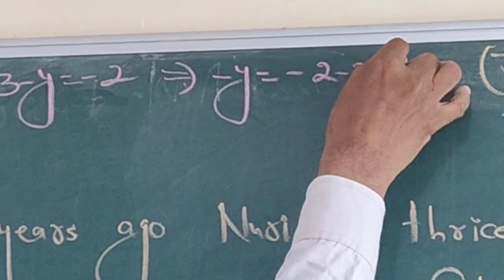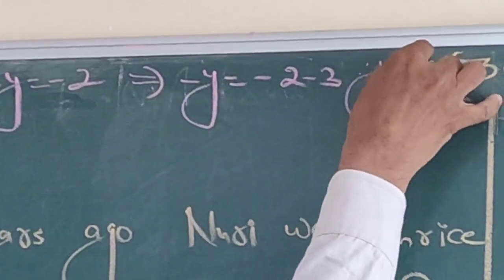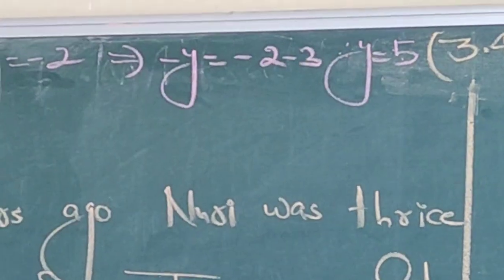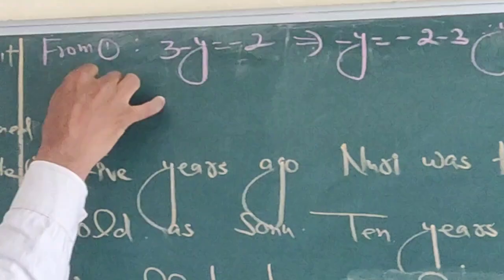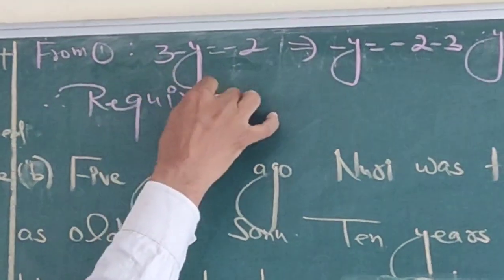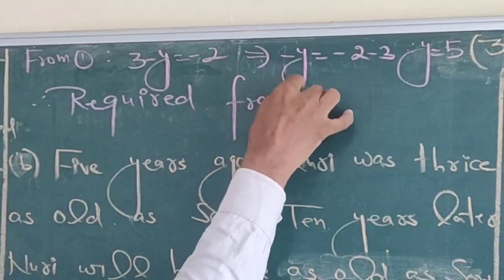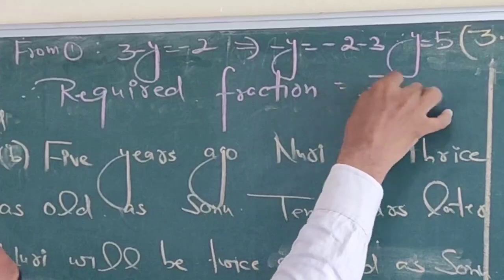Minus y equal to minus 5, and then y equal to 5. Now the value of x is 3 and y is 5. Therefore the required fraction is equal to 3 upon 5.